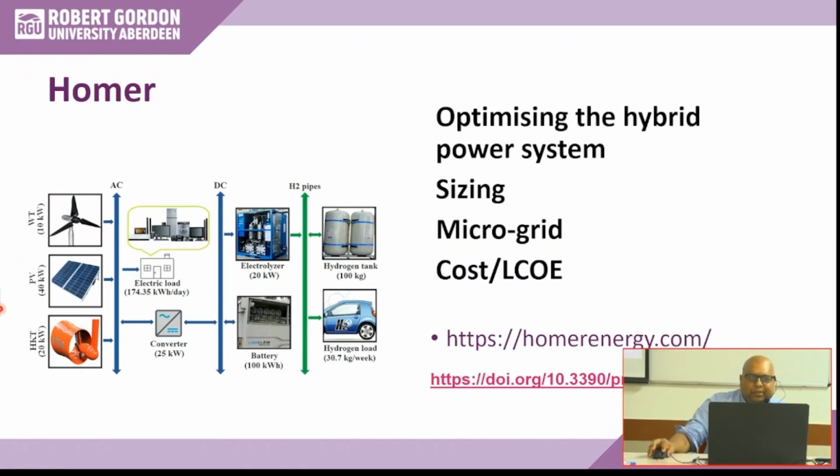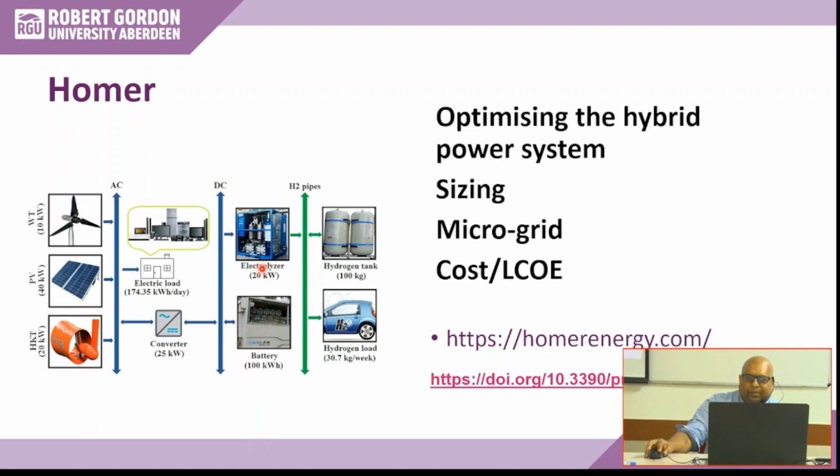It combines your solar energy here, your hydrokinetic turbine here, your wind energy here, and then it goes into AC power, different types of converters, electrical loads, different types of uses, DC, then you come into the battery.